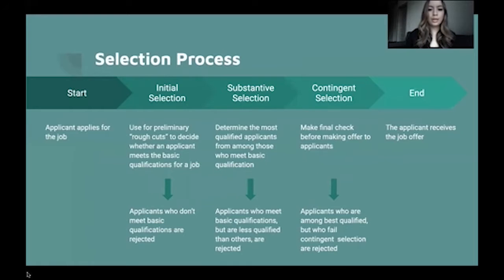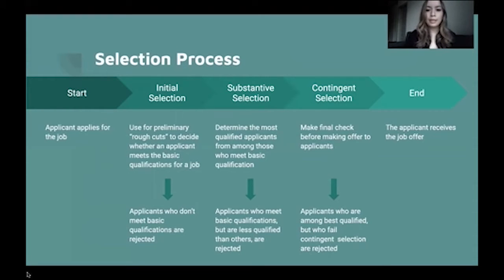All right, so moving on, I'm going to go over the selection process that a company and organization goes through to select someone to be on their team. So to start off, after they receive their recruitment, the applicant starts by applying to the job. And after that, they start with the initial selection.